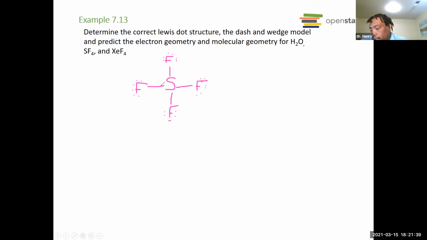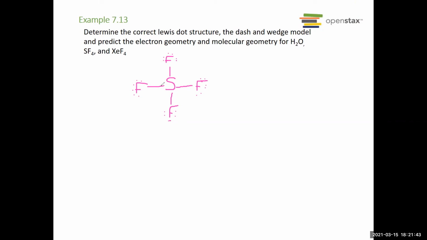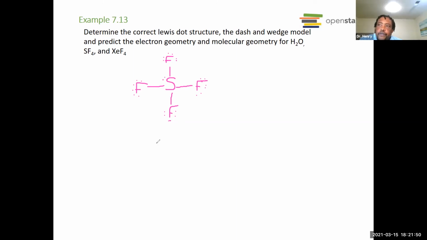Any lone pairs? There'd be electrons around the S. Okay, so we have lone pairs around the S. If we did our formal charges, our S is going to have 6 valence electrons.